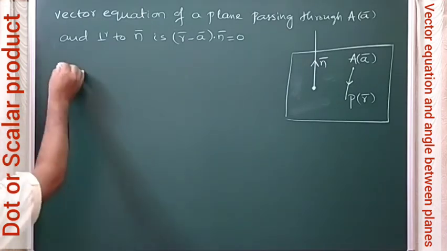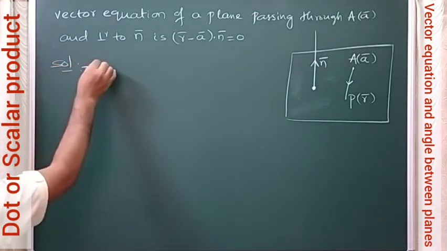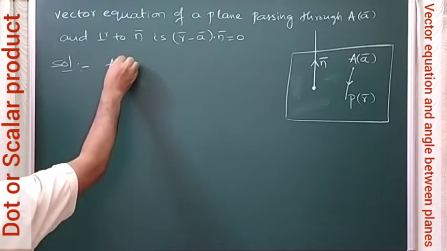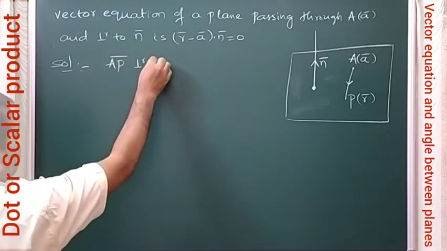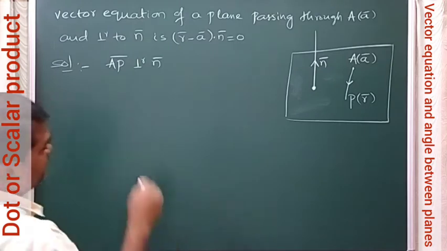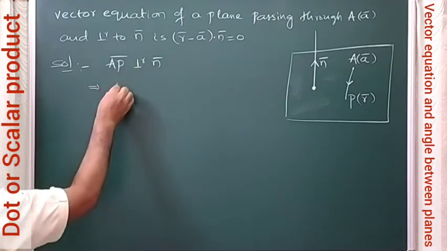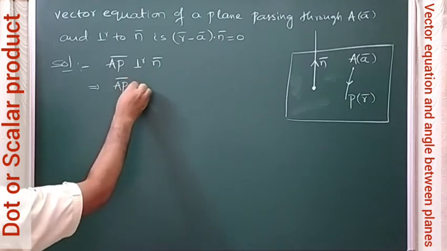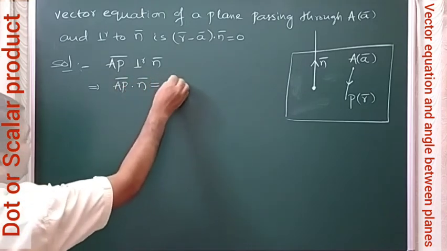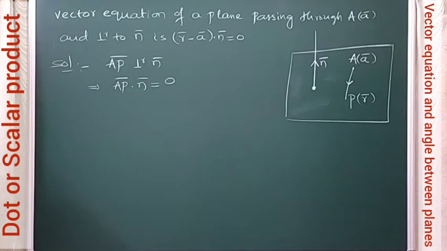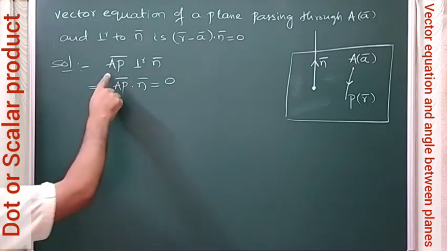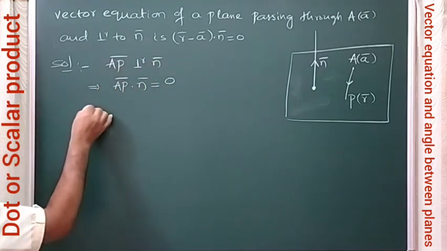So therefore, from figure, it is clear that AP bar is perpendicular to n bar. So AP bar perpendicular to n bar means, when two vectors are perpendicular, their dot product is 0. So AP bar dot n bar is 0.